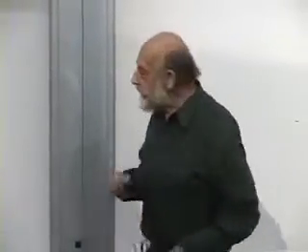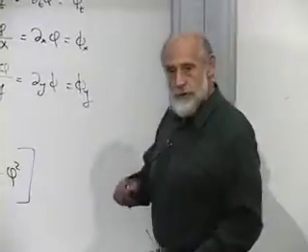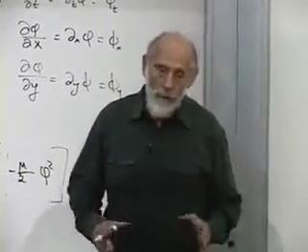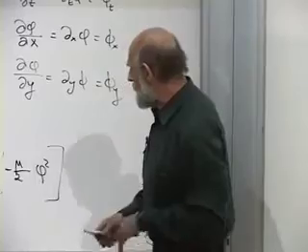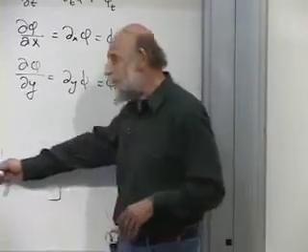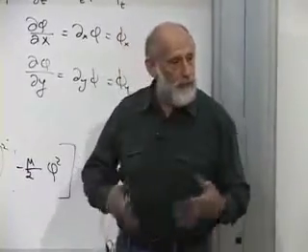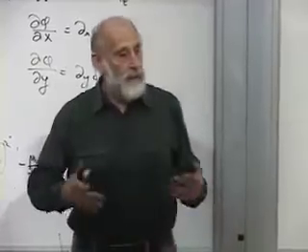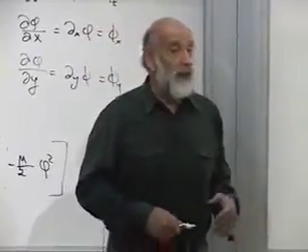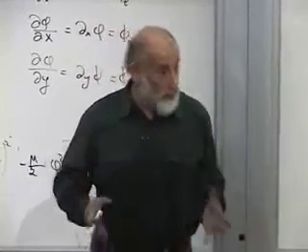Now, what is the condition that the theory be Lorentz invariant? The condition is very, very simple. You, of course, first must start with some idea of what kind of transformation properties your field variables have. The field variables could be scalars, they could be vectors, 4 vectors.